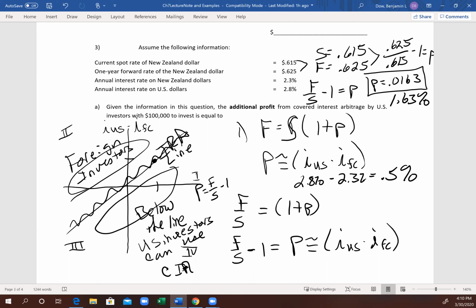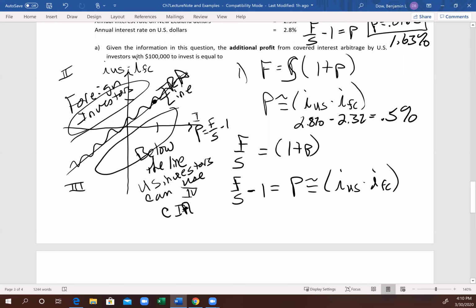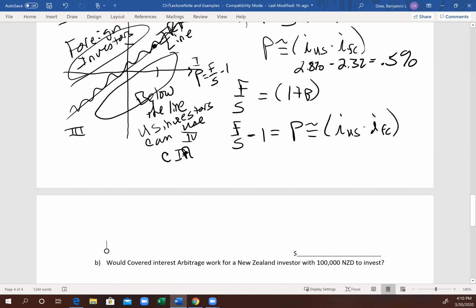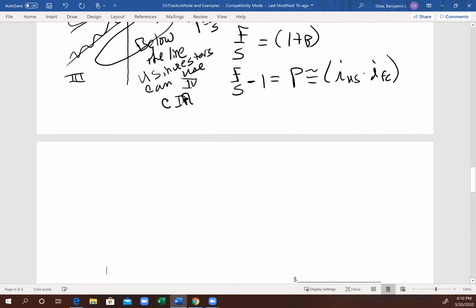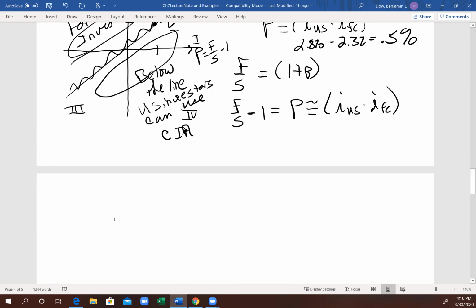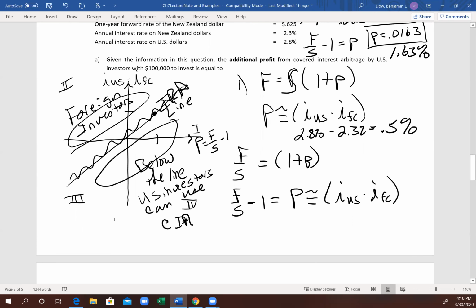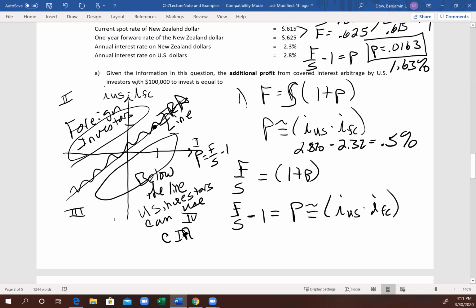And then we need to look on the y-axis as the difference in interest rates and see where it hits. Okay. So let me see if I can get some more workspace here. Okay. Where I can still see it, or I might just have to erase it. Okay. But I'll just write down below.